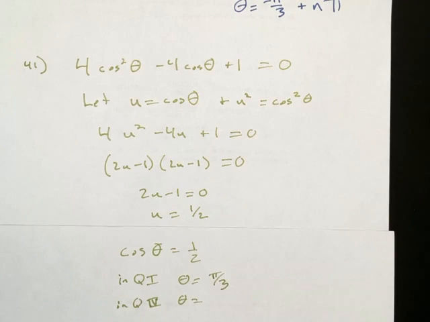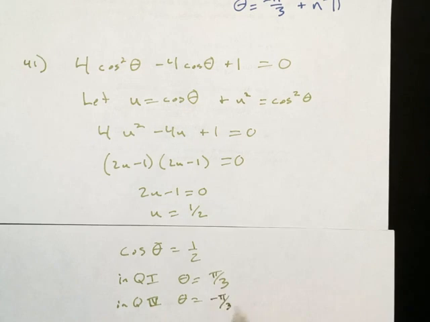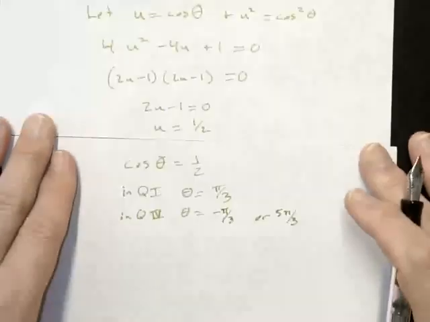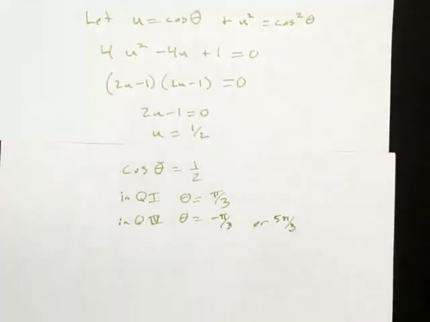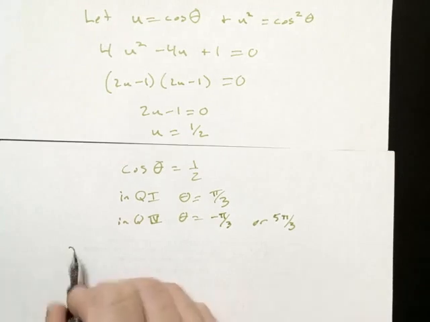Which means in quadrant 4, you have two choices. You want to use minus pi over 3 or 5 pi over 3. It doesn't matter. But now, you add a period and you solve this problem.